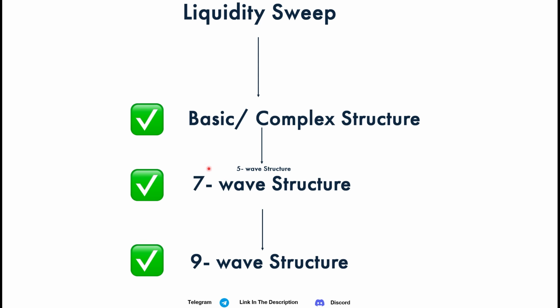So basically we are going to touch on the 7 wave structure and the 9 wave structure. This is the only thing that we need to focus on throughout this video. And then by the end of this video, you will be able to know where the market is likely to manipulate the previous high and how to count those 7 waves and 9 waves.